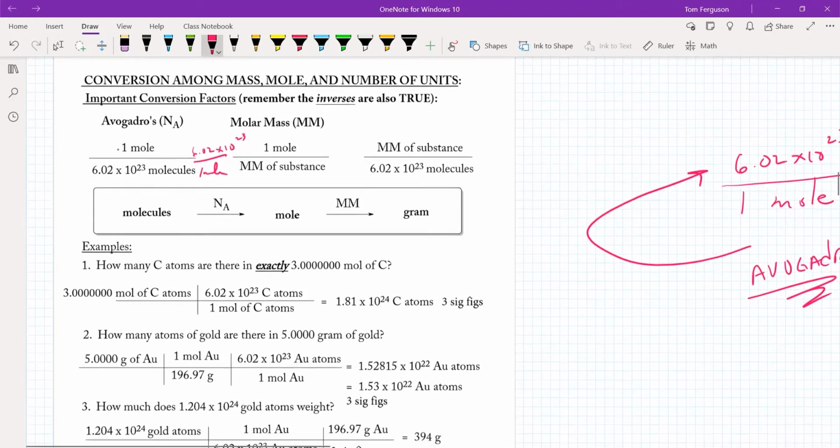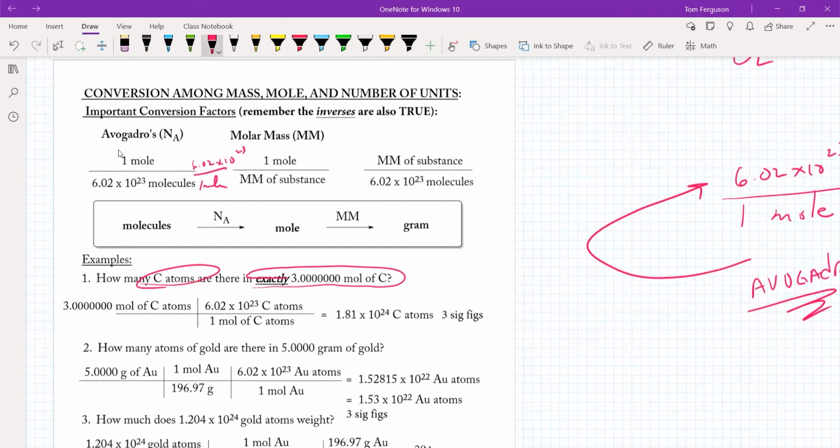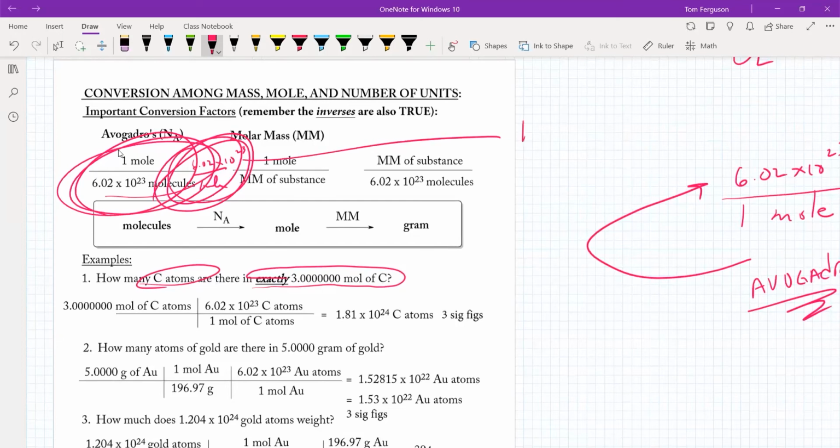Okay, so if we have 3 moles of carbon, how many atoms do we have? Remember I said whenever we have counting, how many? Think of Avogadro's number. Whenever you see how many, think Avogadro's number, because we're counting them.